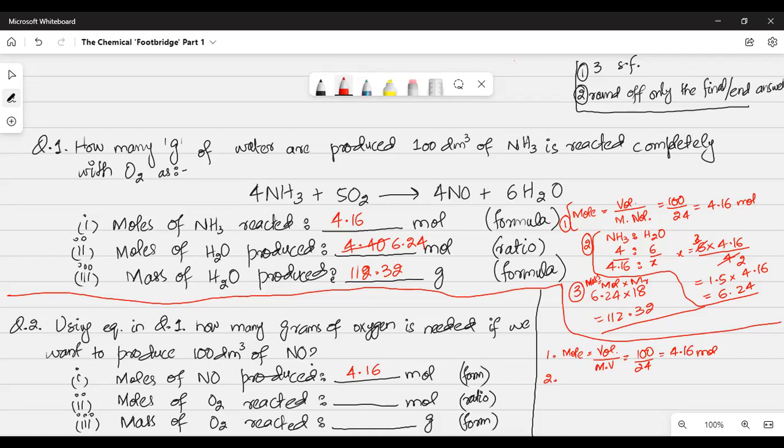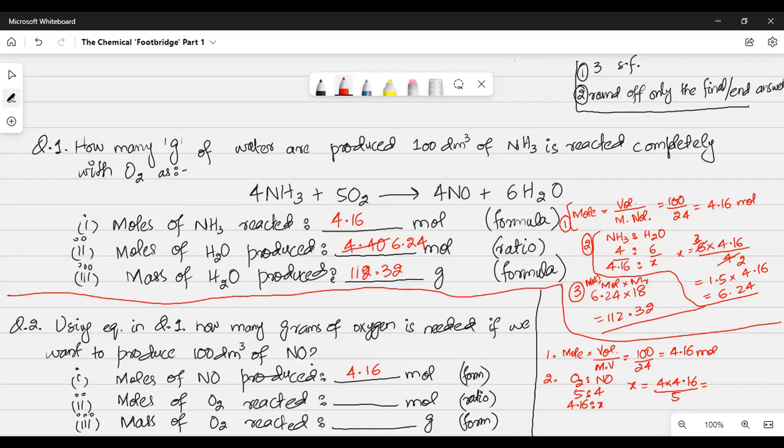Just to be on the safe side, in part 2 you took O2 ratio NO, and that came out to be 5:4, and then 4.16 ratio X. Then when you solve for X, it would become 4 multiplied by 4.16 divided by 5. So the answer comes out to be what? Can you repeat?